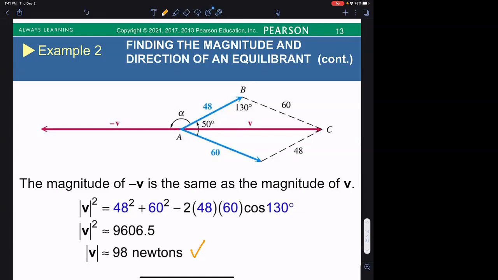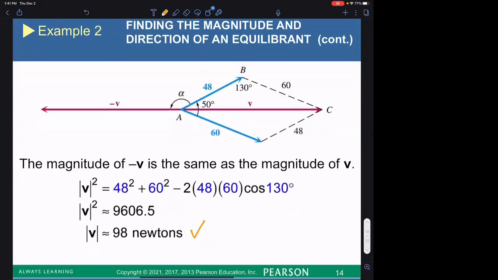That means to counteract that 98 newtons to the right, you'd need the negative v vector to have 98 newtons to the left. And so that's the same exact value we got if you were adding the vectors together. Well, then the opposite of adding the vectors together will have the same magnitude. But we want to get the direction as well. And so how do we get this direction?